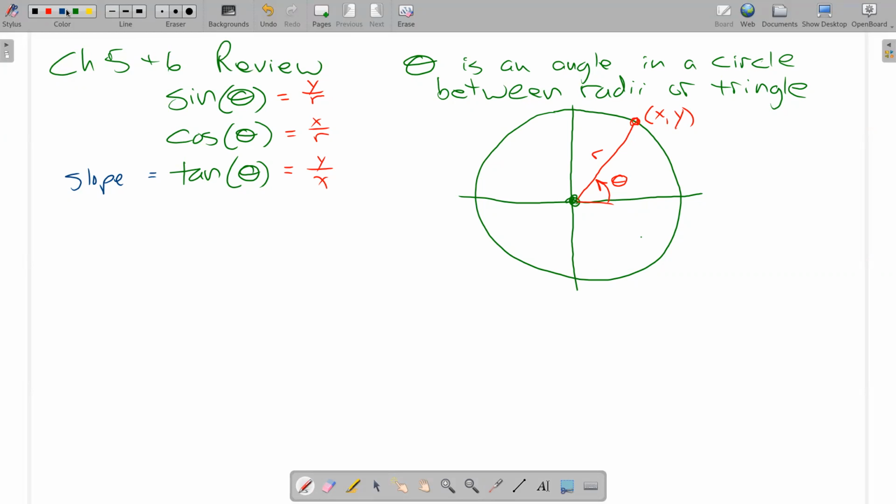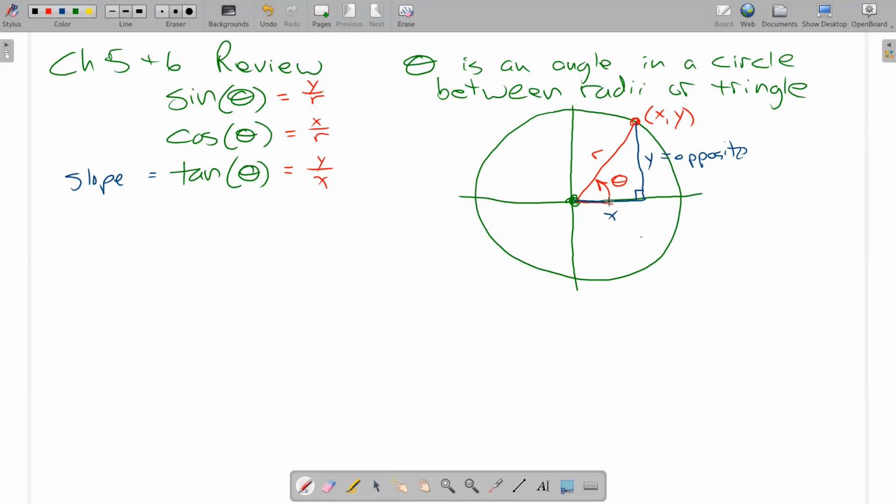Triangle-wise, if I drop a perpendicular from this point, that perpendicular I drop there is the y value. That y value is opposite that given angle, right? It's across from opposite. The bottom leg of this triangle happens to be the x value of the point there.